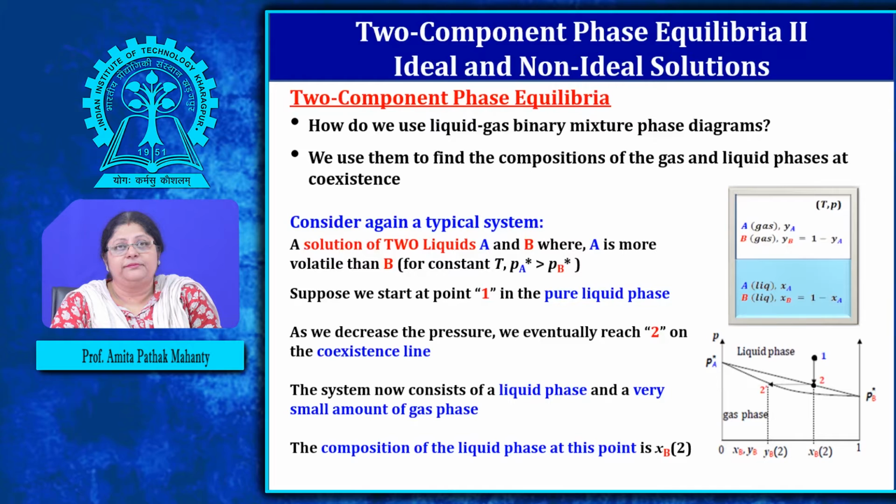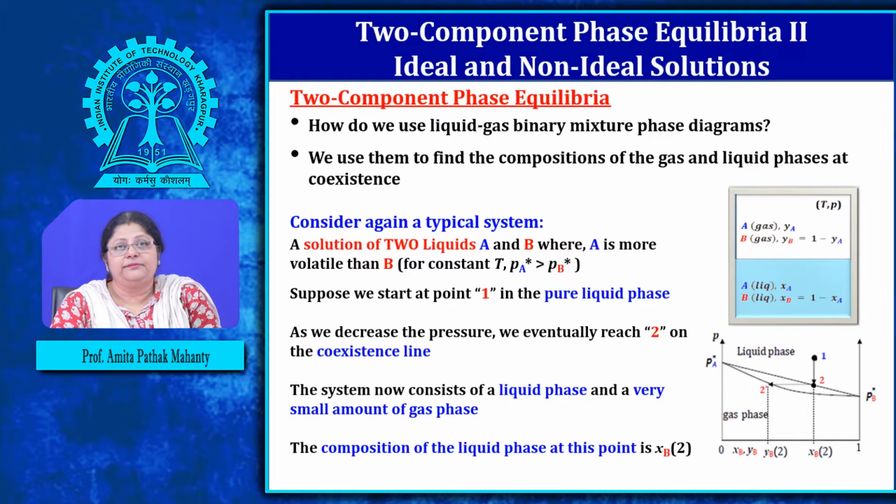At point 2, I have not changed the composition. I have come down to point 2, and correspondingly, the composition in the vapor phase will be obtained by joining a line like this. Okay, so corresponding to this, what will be my vapor phase? This will be my vapor phase.